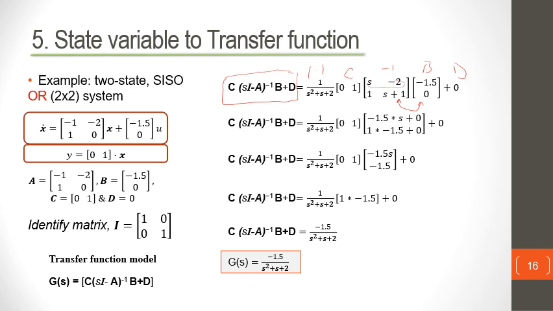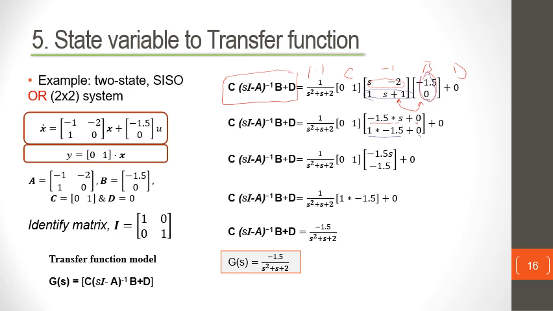So we take the first row with the first column, which gives us S times 1.5, -1.5 times S, -2 times 0, which gives us 0. And in the next calculation, we have the bottom row, still the column of A, we have 1 times 1.5, -1.5, and then we have S plus 1 times 0, which gives us 0.